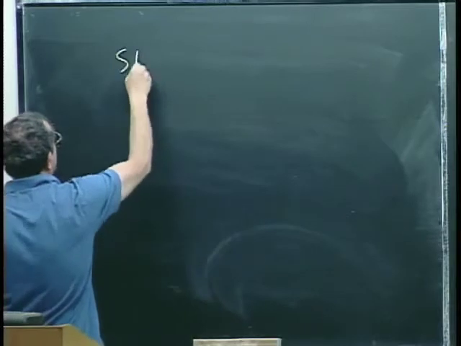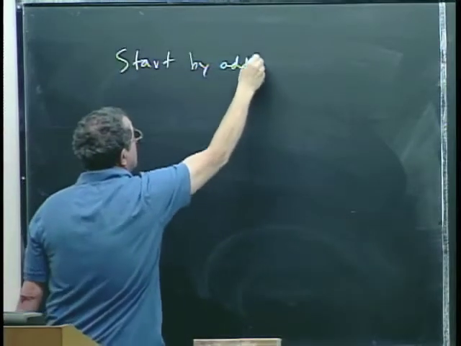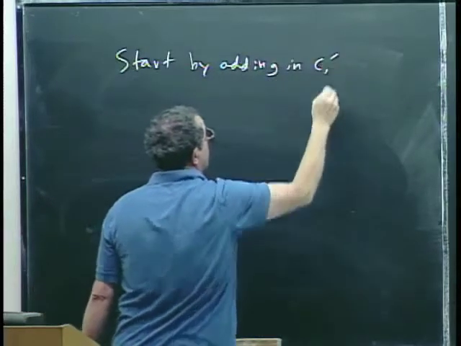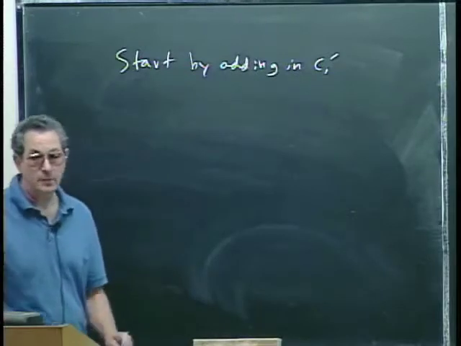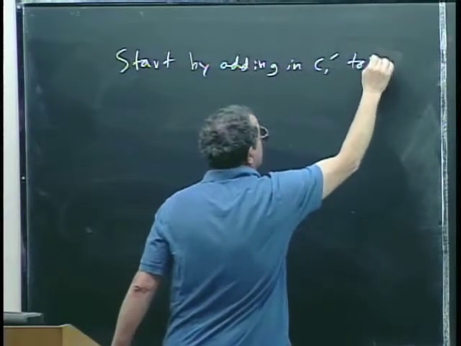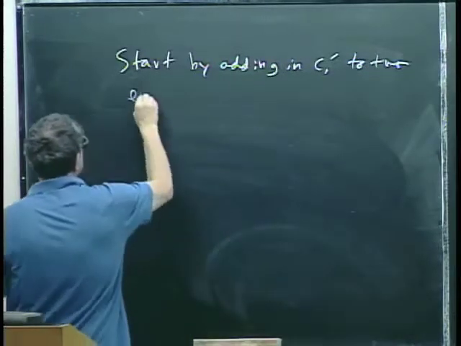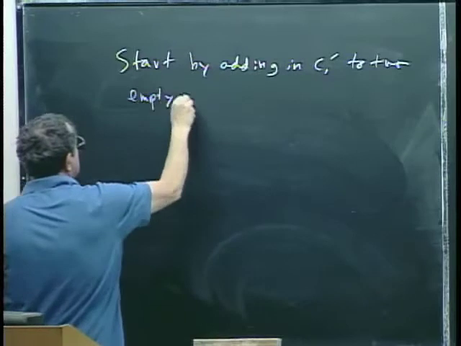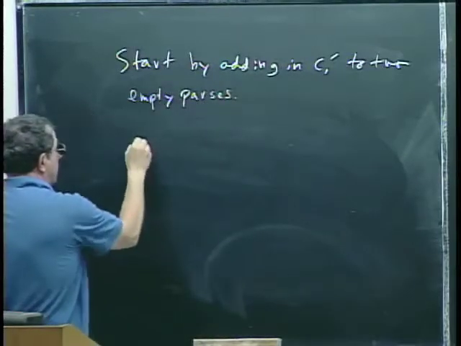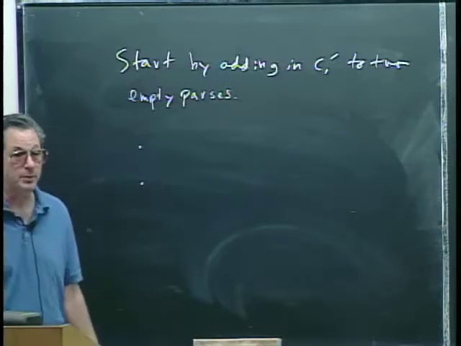Okay, we're going to start by adding in C1 prime to two empty parses. So we start out with two parses that aren't going anywhere. They're just length 0, empty parses.